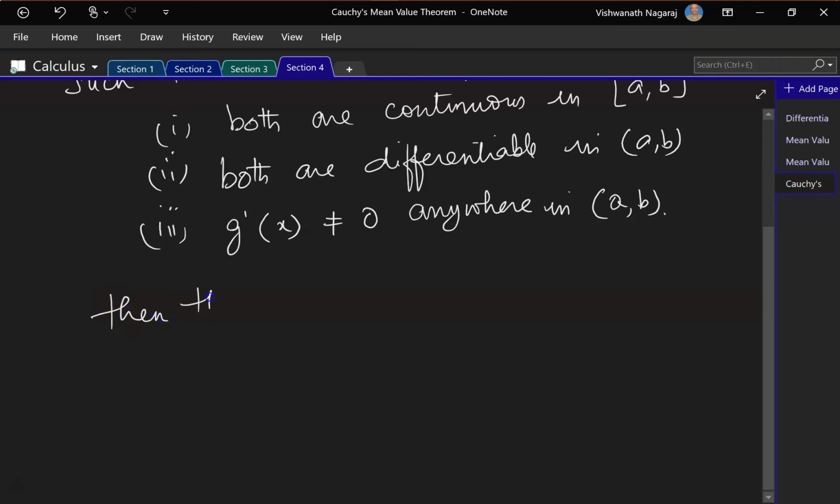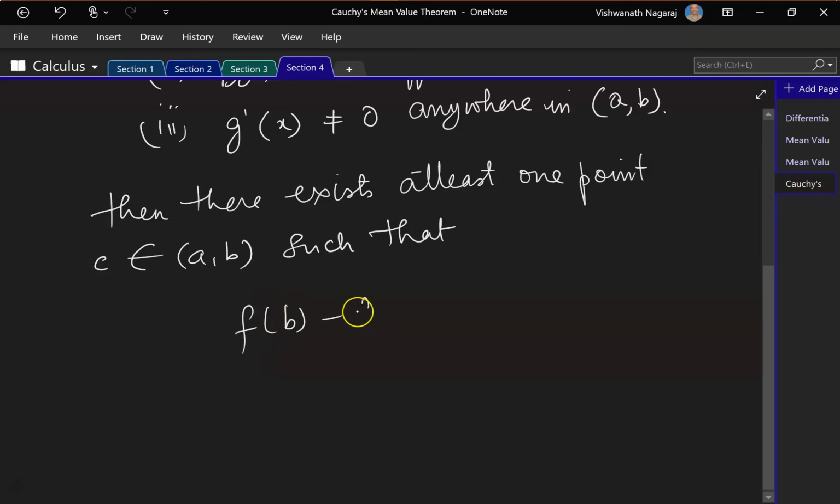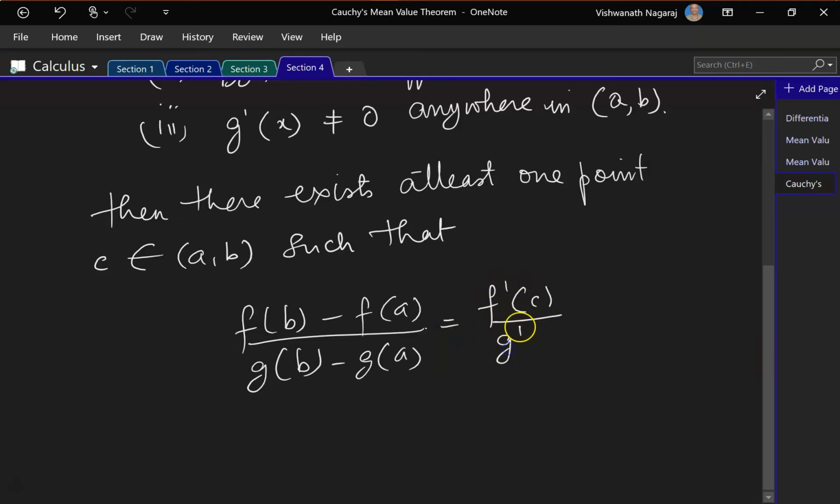then there exists at least one point. That means there can be more than one point, but at least there will be one point, let's say c, belonging to the open interval (a, b), such that f of b minus f of a divided by g of b minus g of a is equal to f prime of c by g prime of c.